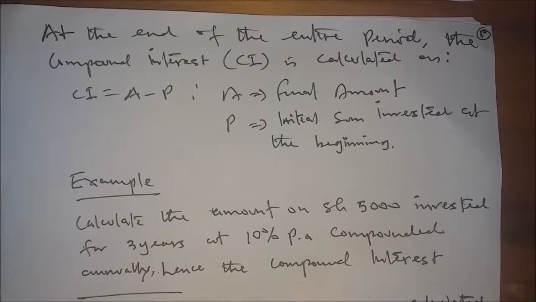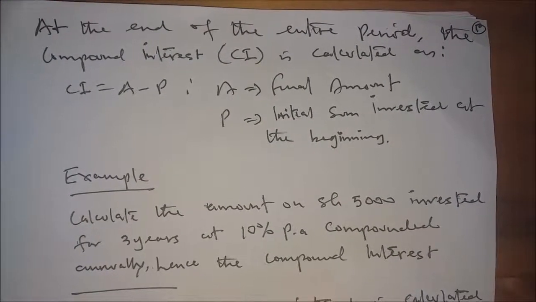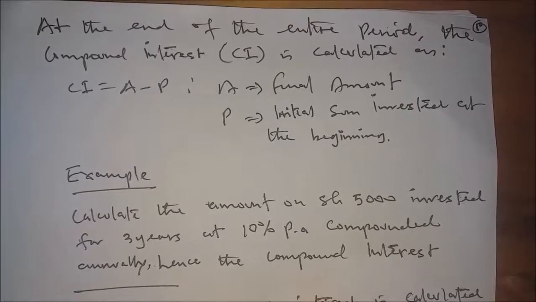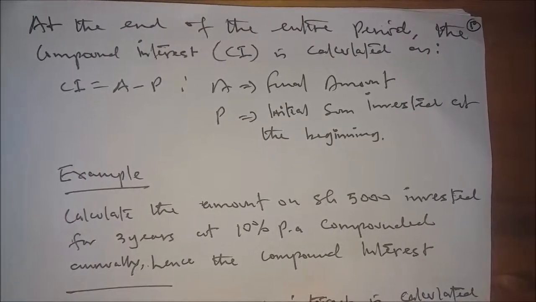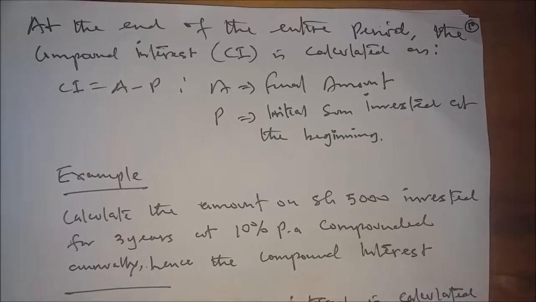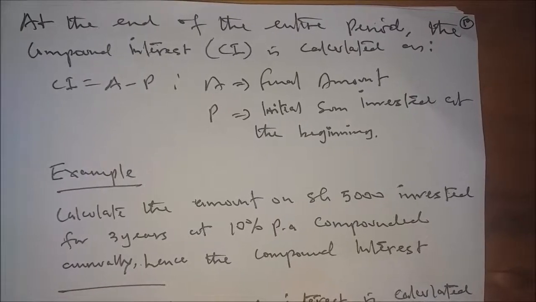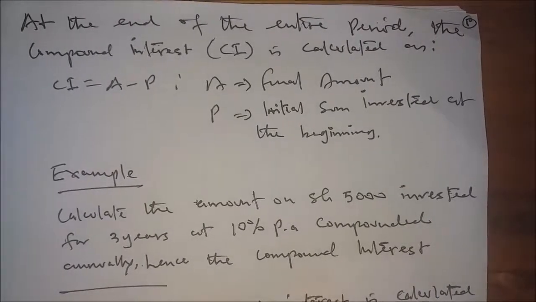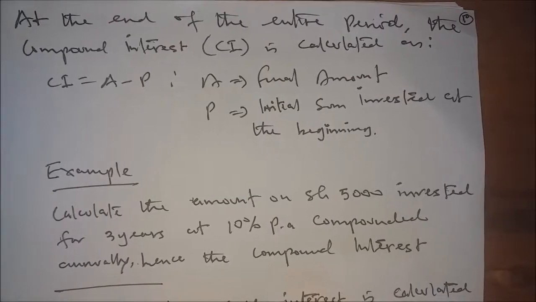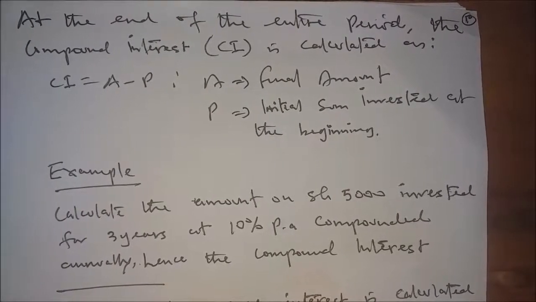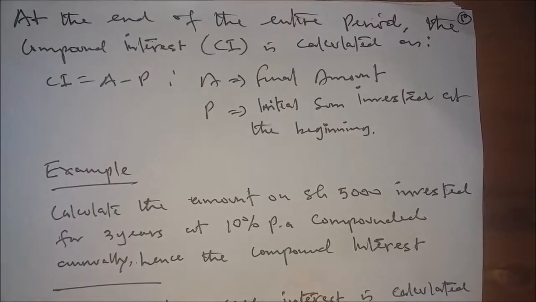At the end of the entire period, the compound interest is calculated as amount subtract principal sum, where A stands for final amount, or amount at the end of the entire period, and P stands for the initial sum invested at the beginning. That is the original principal sum.